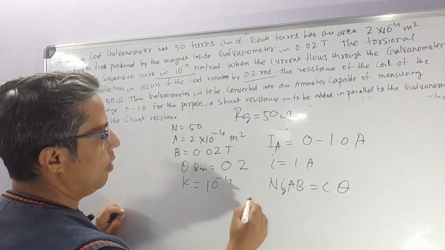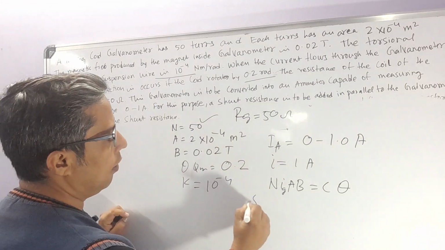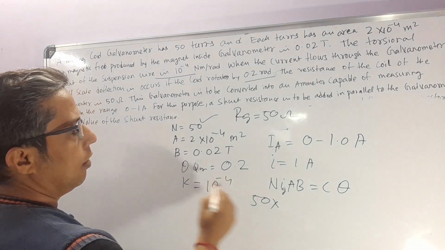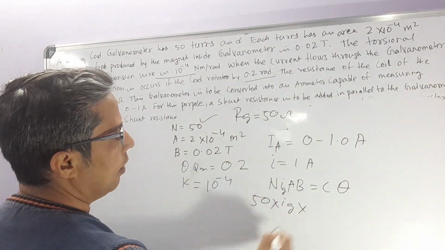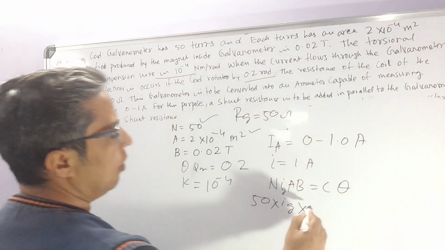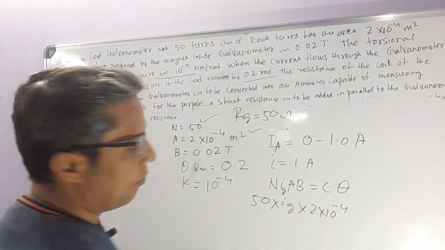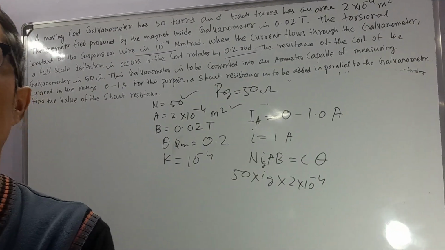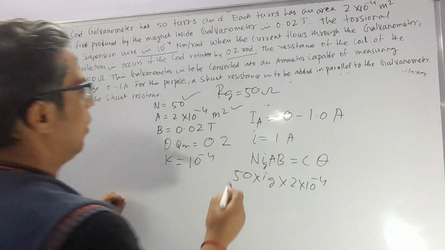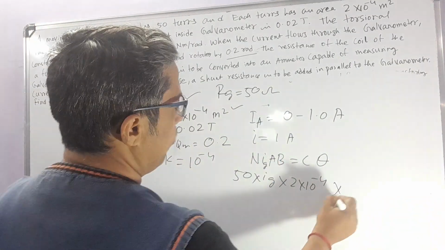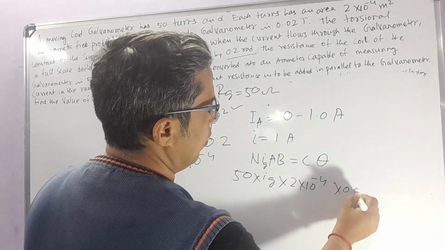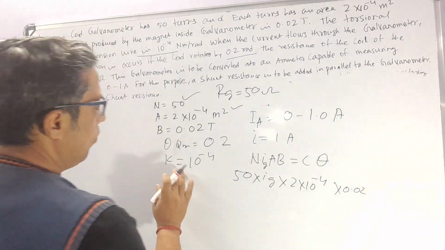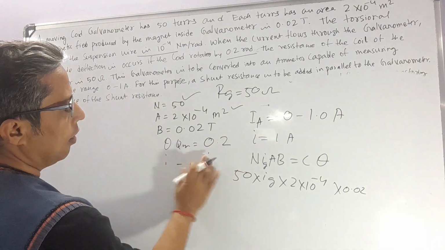So here N is 50. Then I, we don't know, Ig. A is 2 into 10 to the power minus 4. Next, B is 0.02 Tesla. So this will be equal to C theta.